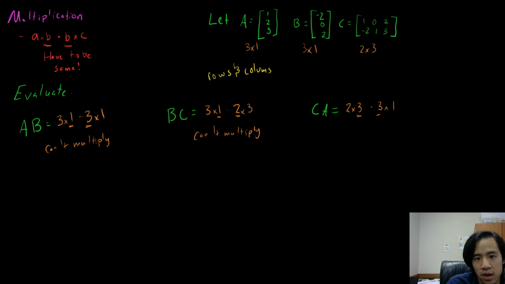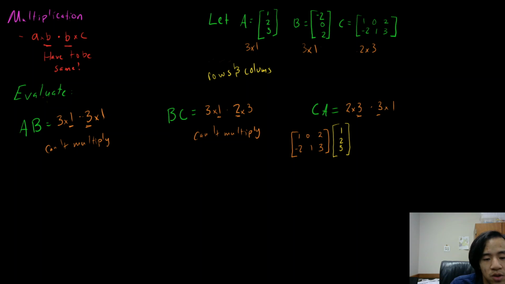So I'm going to write this out here again. So C is this, 1, 0, 2, and then -2, 1, 3. And I'm actually going to write this in a separate color. A is this, 1, 2, 3. Okay, and we have to multiply these two matrices together as such.